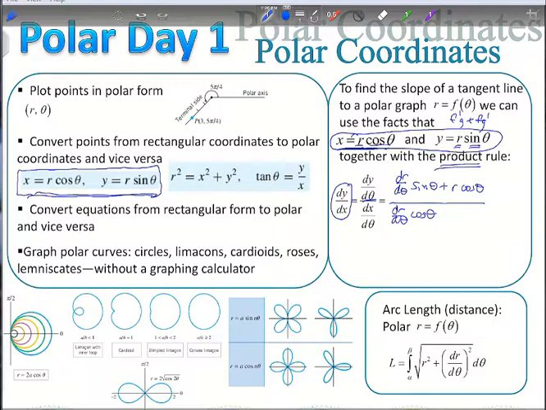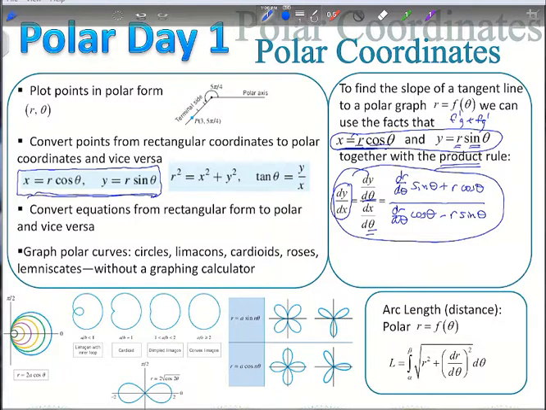Then I copy paste the first thing and take the derivative of cosine, which is negative sine. And again, the cosine has a theta, and we're doing the derivative with respect to theta, so no need to tag. Now this is the derivative that you have two choices. You can either memorize it as is, so this is our dy dx derivative for polar, or you can generate it just like I did each time.